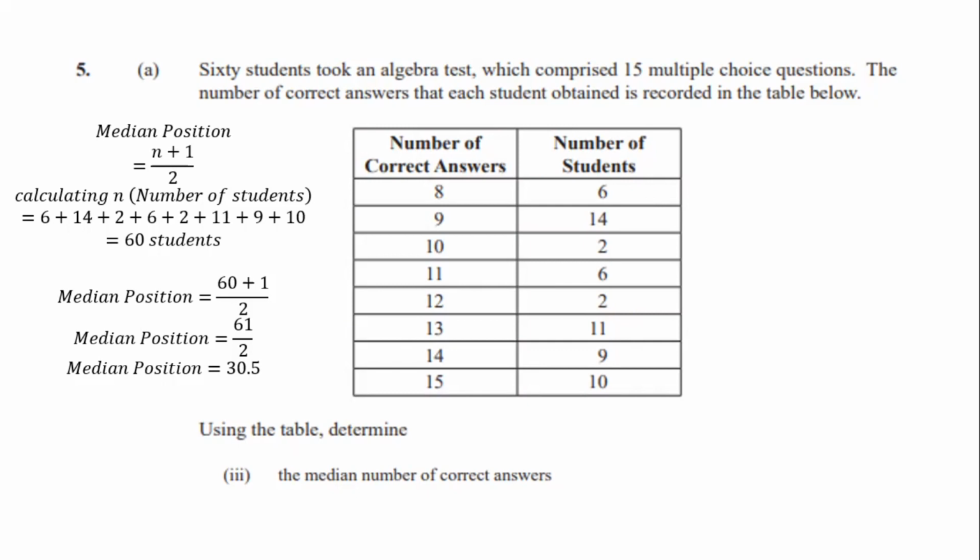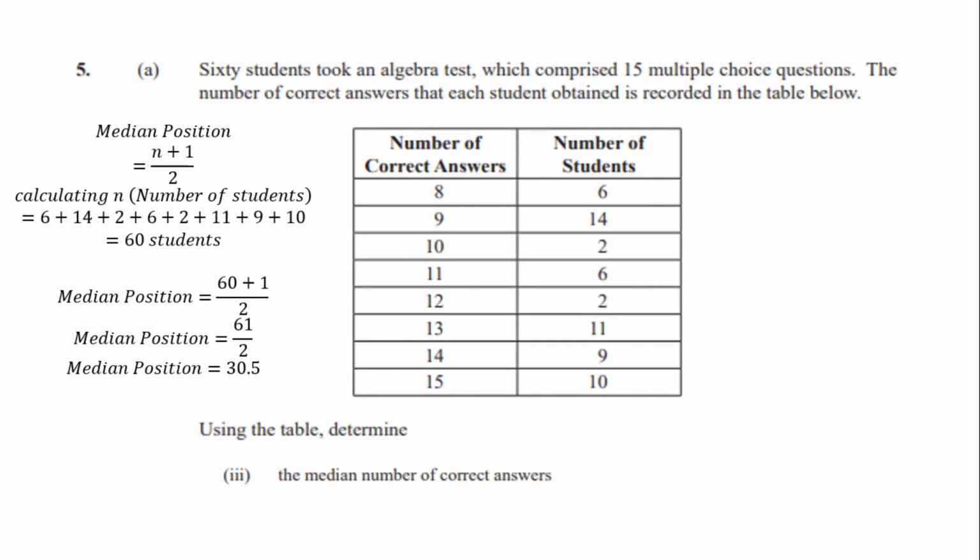When we now add going up, 6 plus 14 gives us 20, plus 2 from 10, that is 22, plus 6 from 11, that is 28, plus 2 from 12, that is 30.